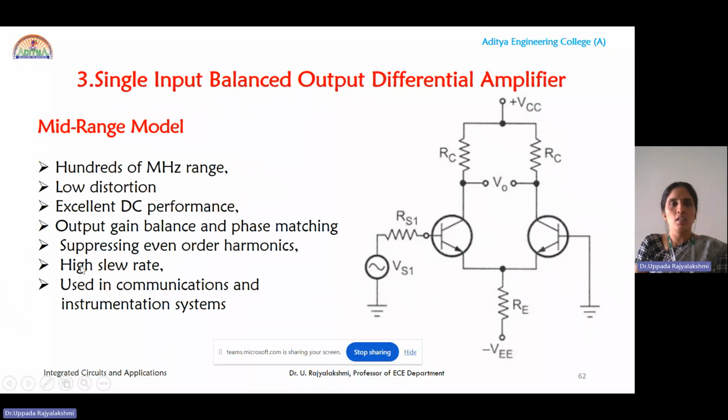It also has a high slew rate and is used in communications and instrumentation systems. Because it is balanced output, the gain is also good and it has excellent DC performance. The bandwidth is in the range of hundreds of megahertz.